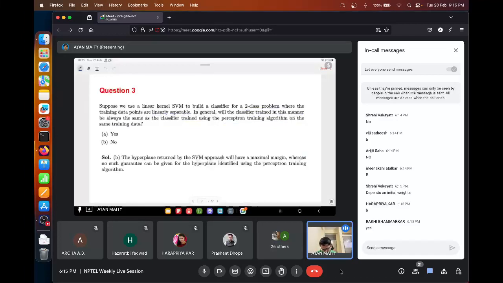The correct answer is B, that is no. The two algorithms are SVM and perceptron learning, and the objectives are different in these two algorithms. In SVM, the objective is to maximize the margin, where margin is the distance of the closest point from the straight line or the linear classifier.